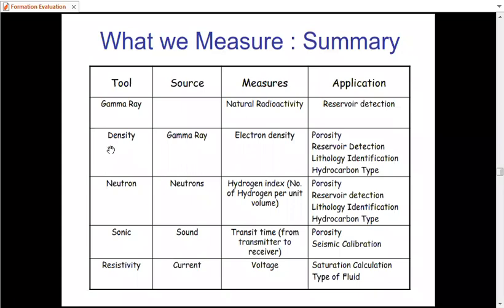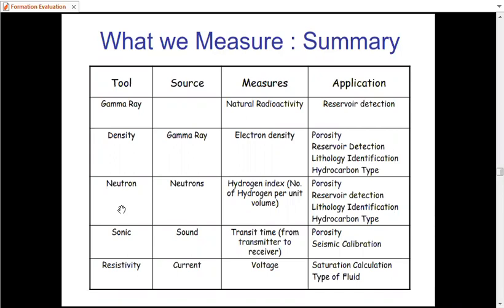The second common tool is the density tool. The density tool uses a gamma ray source and measures the electron density, and is applicable in porosity determination, reservoir detection, lithology identification, and hydrocarbon type identification.